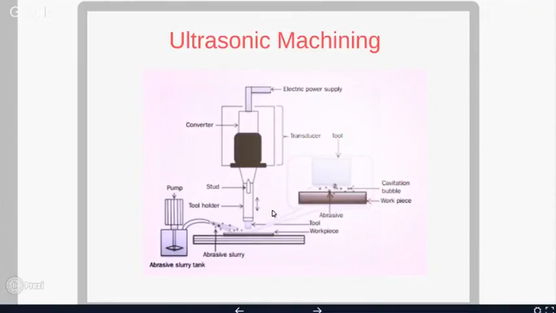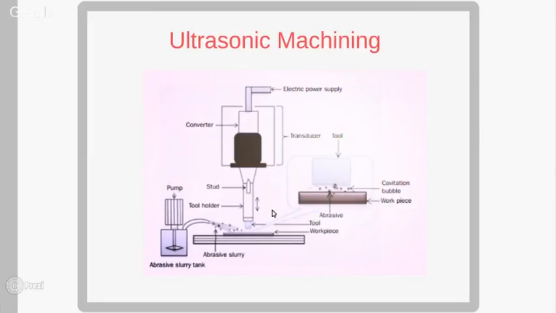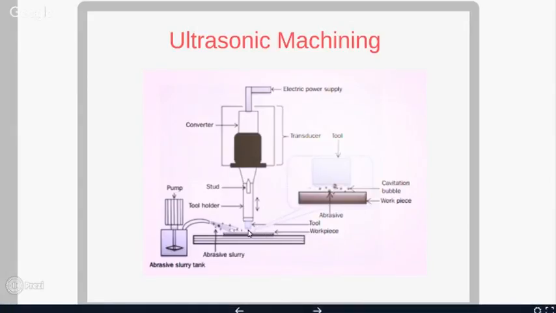It is basically a mechanical process in which abrasive particles impinge on the surface of the material and erode it, and you get the cavity of the desired surface. Here, the tool is just a replica of the workpiece shape you require, right? I suppose this is a very simple process, ultrasonic machining.